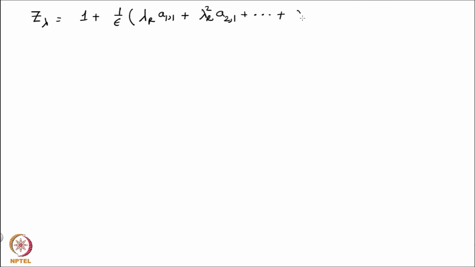I'm just regrouping, I'm not doing anything major. And then you will also have other terms like 1 over epsilon squared terms, and you can similarly write what should be here, plus 1 over epsilon cubed and so forth.